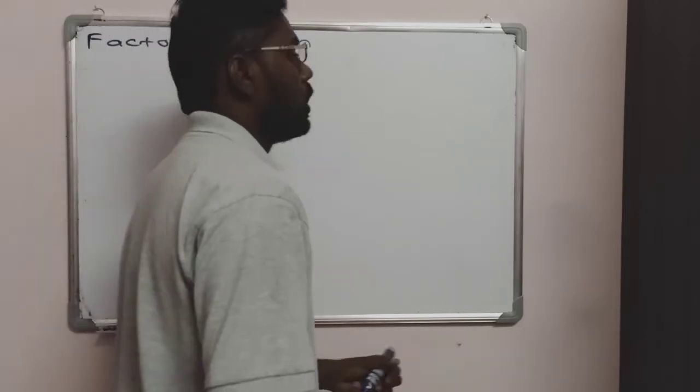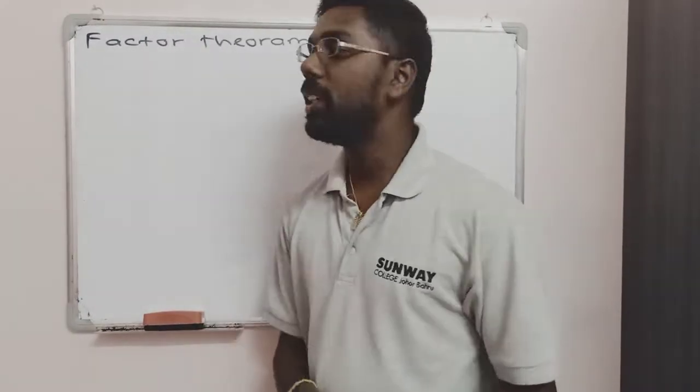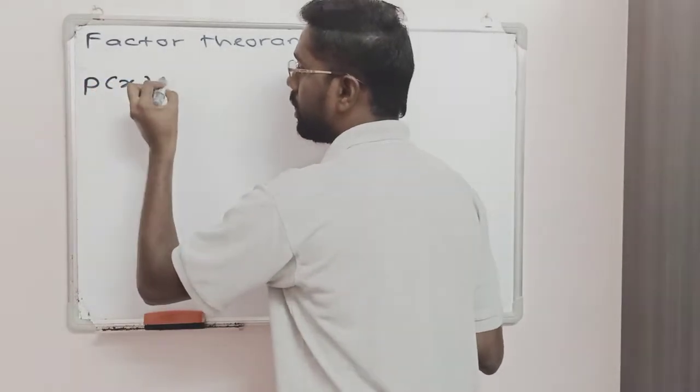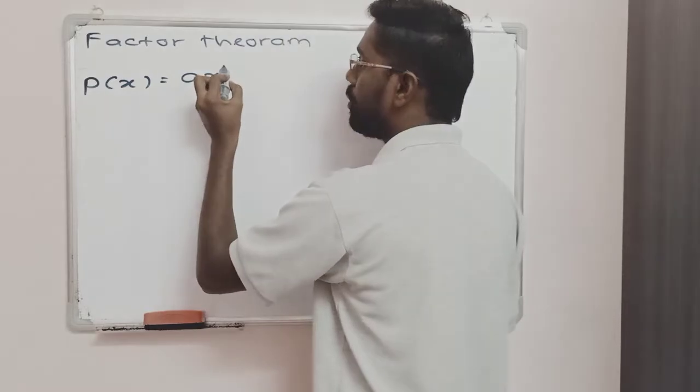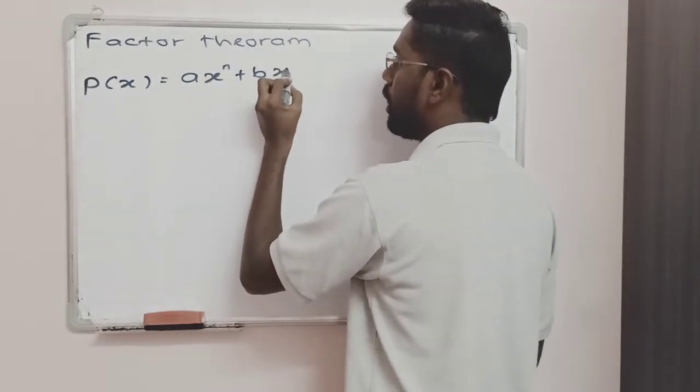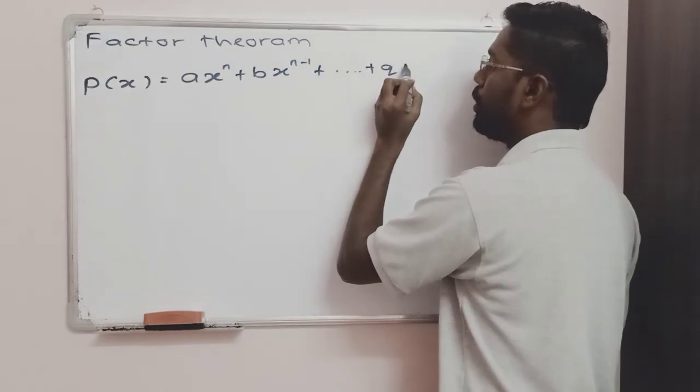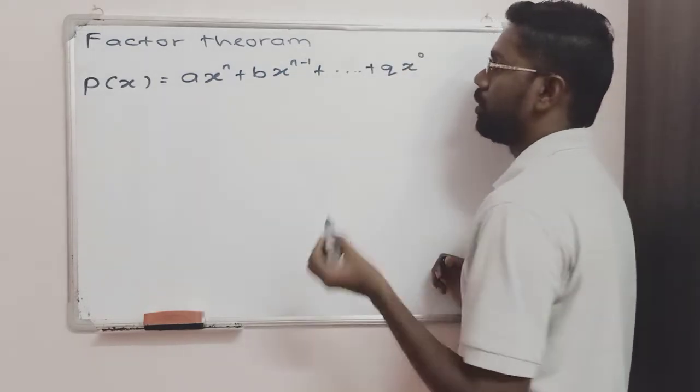Factor theorem. Let's say I give you a polynomial P(x) equivalent to a x to the power of n plus b x to the power of n minus 1, continuing up to q x to the power of 0.